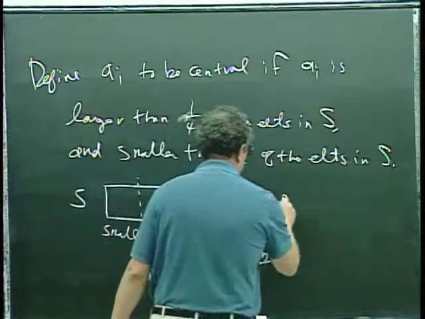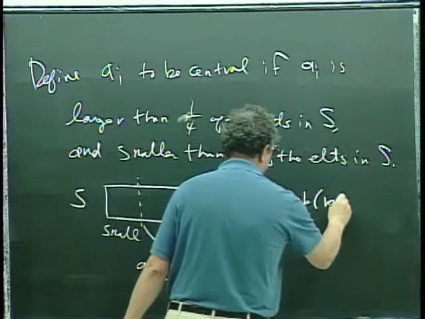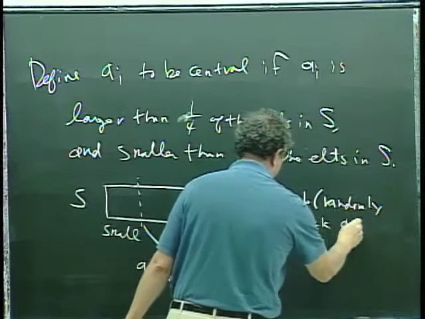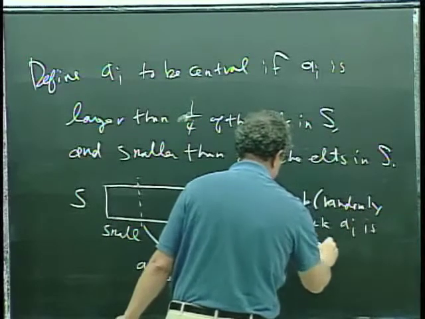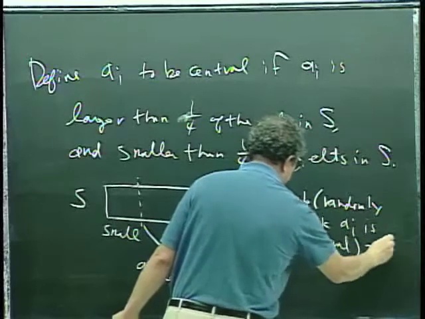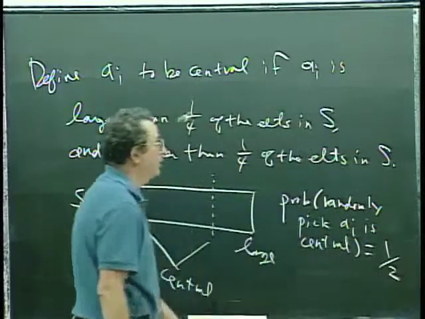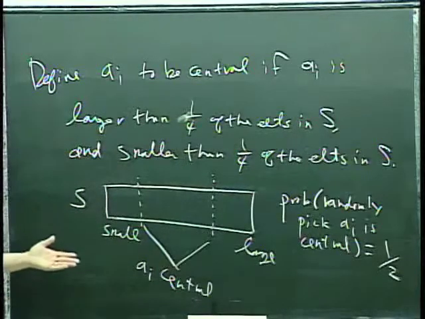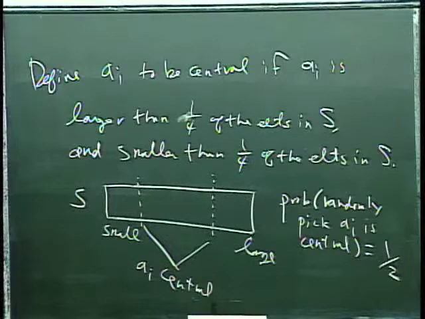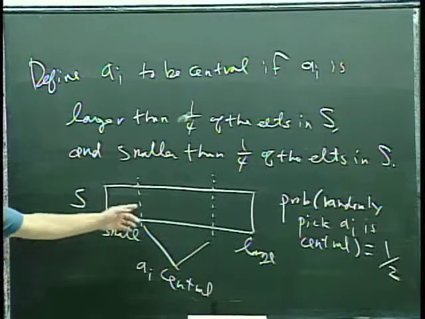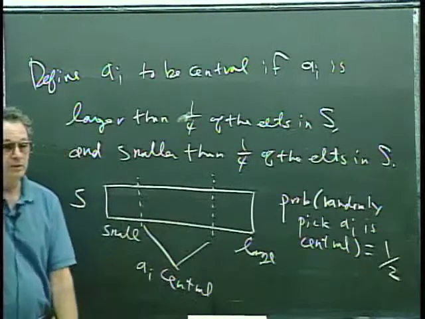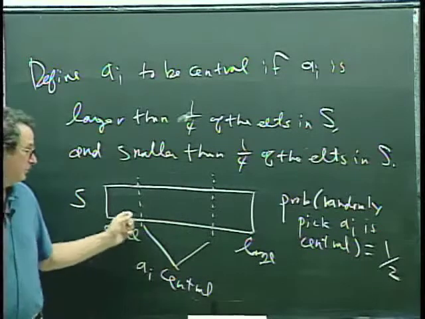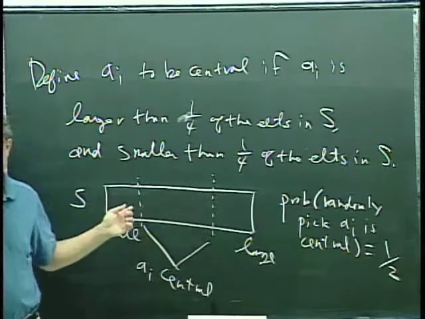So the probability that a randomly picked AI is central equals a half. Now let's think of picking a splitter as a trial. Success will be if the splitter is central, and failure will be if the splitter is not central. We pick the splitter randomly.